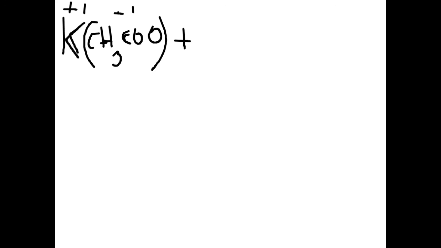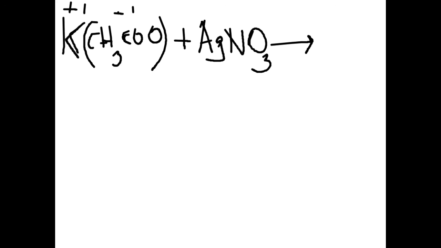What is the next compound? Potassium acetate and silver what? Nitrate. Silver nitrate. What's the formula for silver nitrate? AgNO3. And the charge on the Ag is +1.